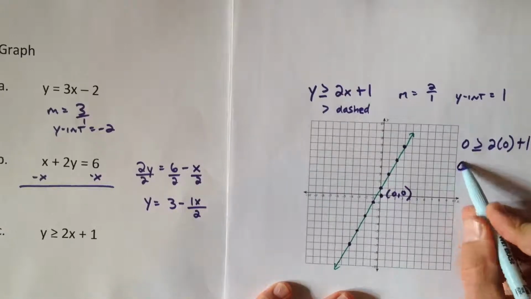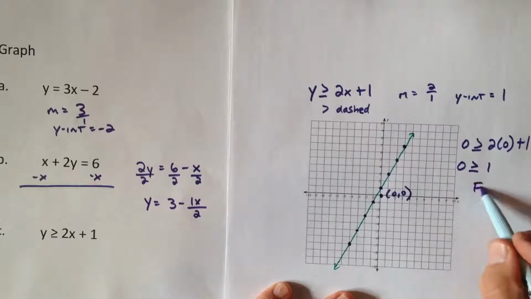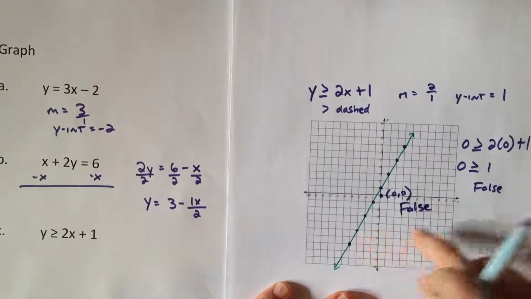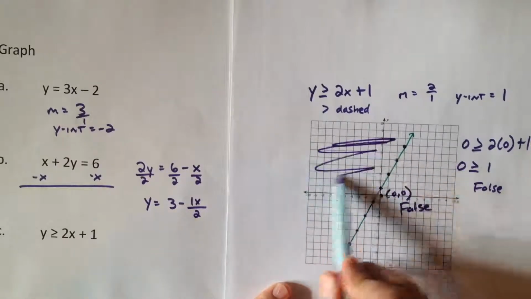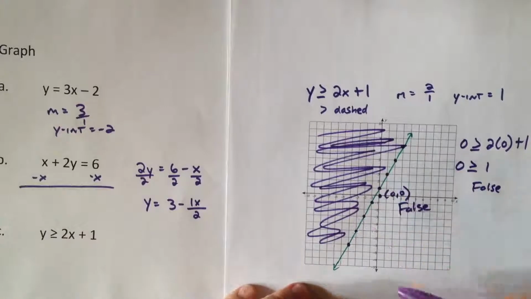And if I test that, it says that 0 is greater than 1. And we obviously know that that's false. So that was not a solution. So we're going to shade away from that. Just like we did with quadratics, if it's false, you're going to shade away from that point.